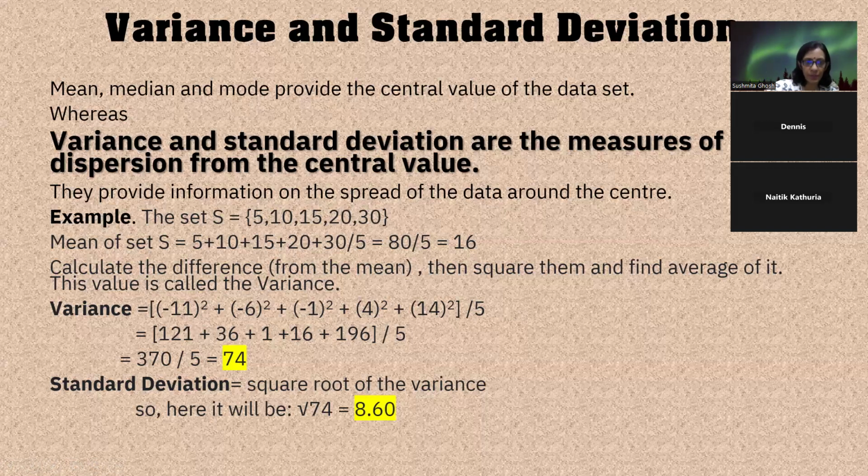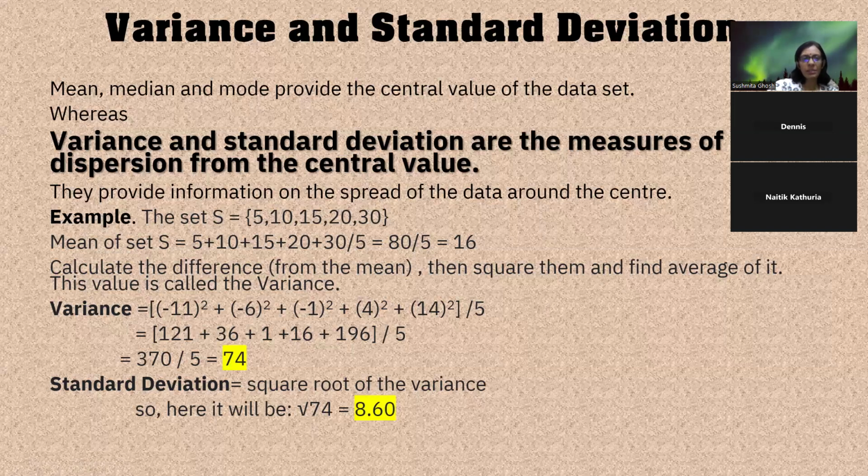So calculate the difference from the mean, then square them and find the average. For the average, I have to sum and divide by the number of observations. When I get that, that is my variance value, and its square root is my standard deviation. Okay, simple and straight.